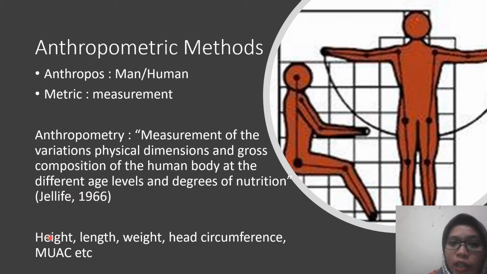Anthropometric measurement include height, length, weight, head circumference, mid upper arm circumference, and all these measures are body dimension and have a unit of kilogram, centimeter, or meter.